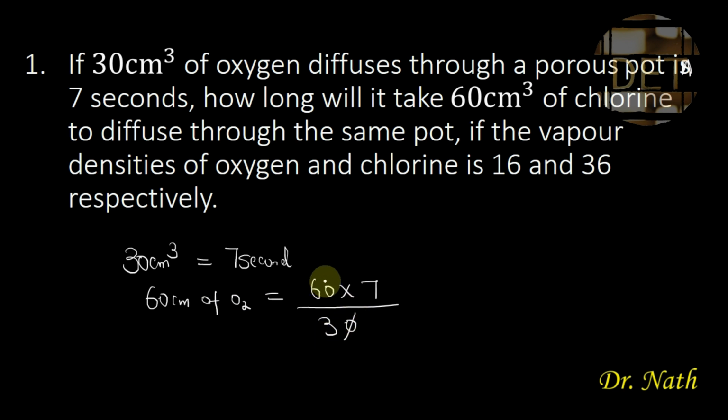So this 0 will cancel the 0, 3 here is 1, 3 here is 2. 2 times 7 is equal to 14 seconds. So if 30 centimeter cube of oxygen diffuses in 7 seconds, 60 centimeter cube of oxygen will diffuse in 60 times 7 over 30, which is equal to 14 seconds.